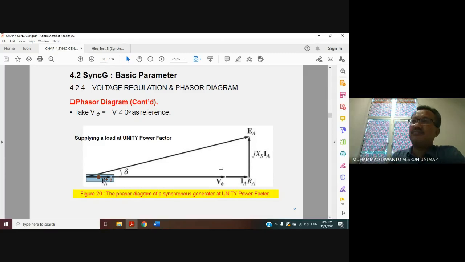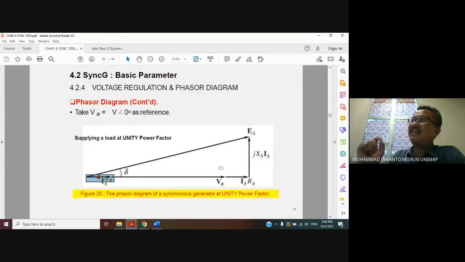The next step is for the value of IARA. IARA should be drawn starting from the end of the vector phase voltage.